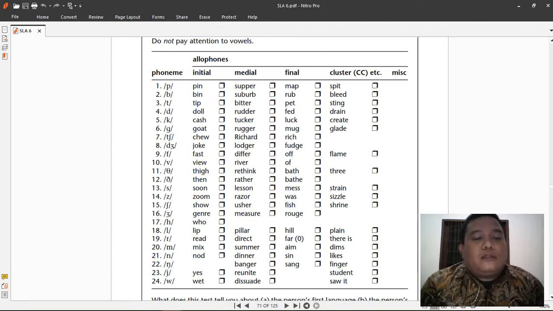Okay, and the 13 we have s, and then z, and then sh. This one is a combination. Number 15 is the combination of s and h and becomes sh, like that. And then we have something that sounds a bit like j, but not as bold as j, like number 8.